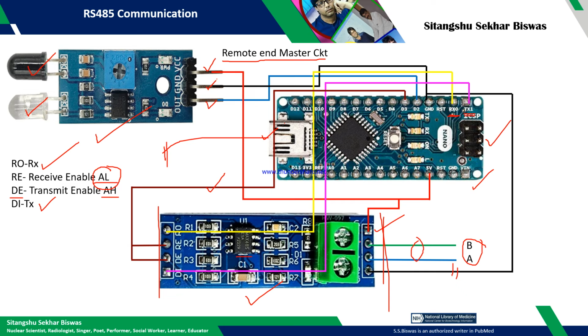And now this RS-485, this A and B terminal, will be connected through a long wire which can go up to 1.2 kilometers also.